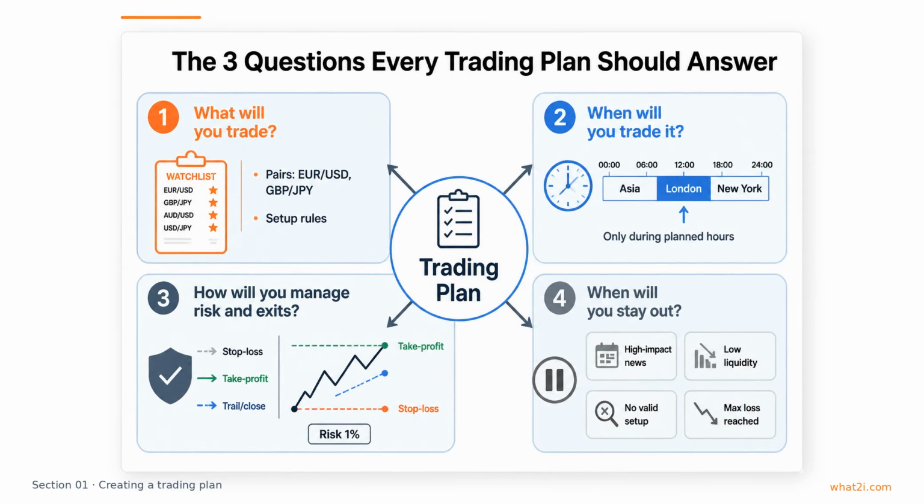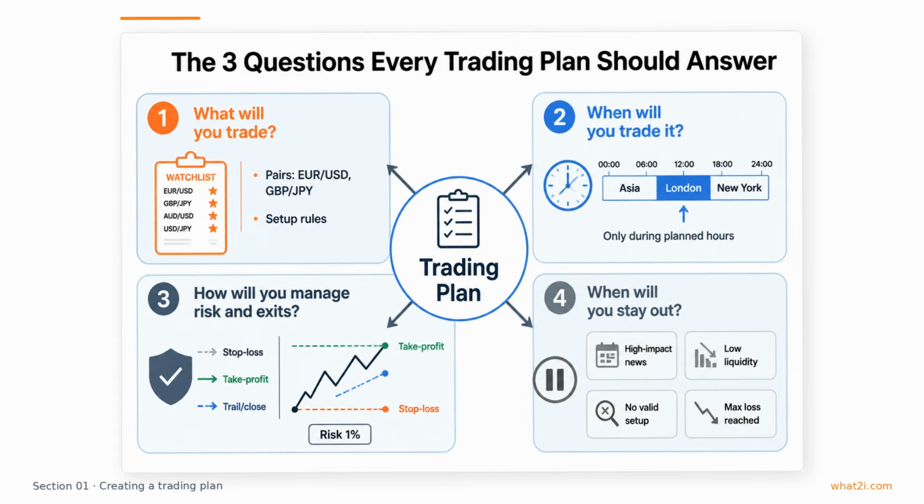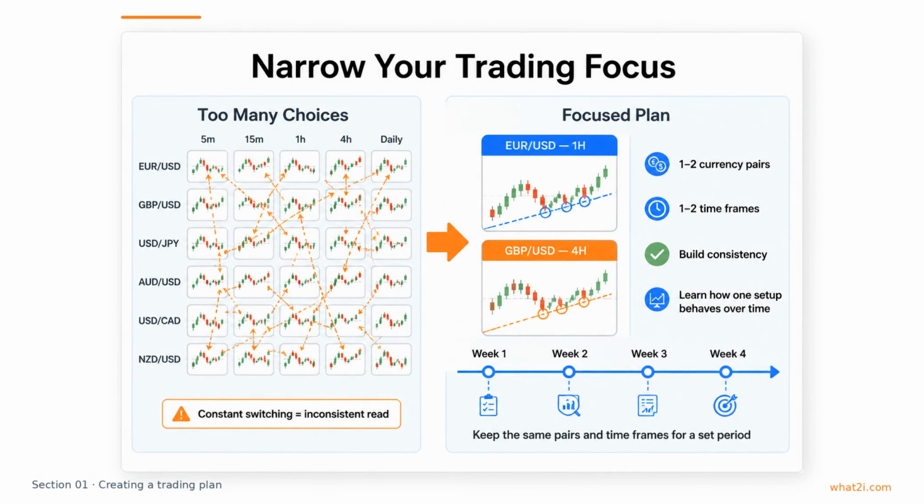Third, how will you manage risk and exits? So position size, stop-loss placement, and profit taking are already decided. And just as important, when will you stay out of the market? That last question protects you from low-quality trades around major news, poor liquidity, or moments when no valid setup is present.